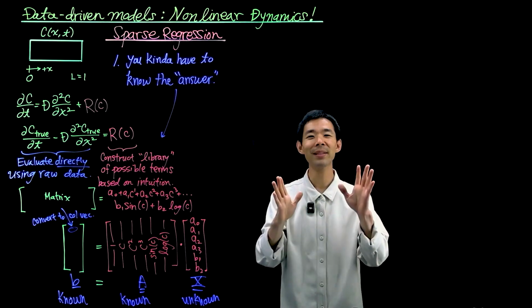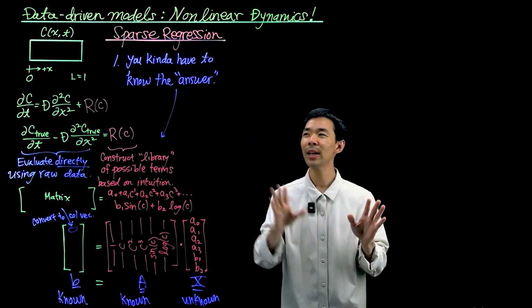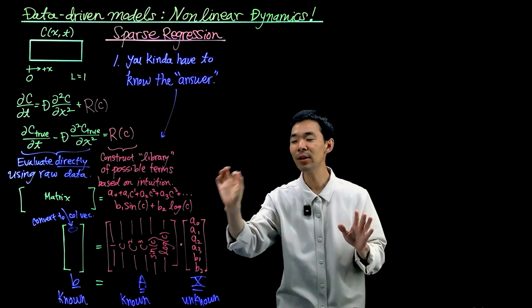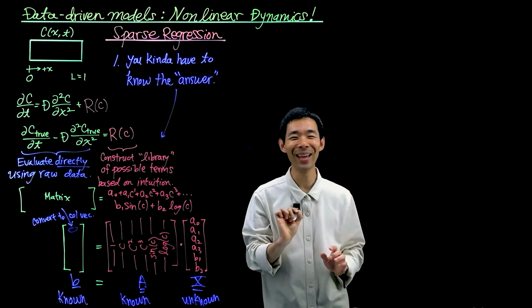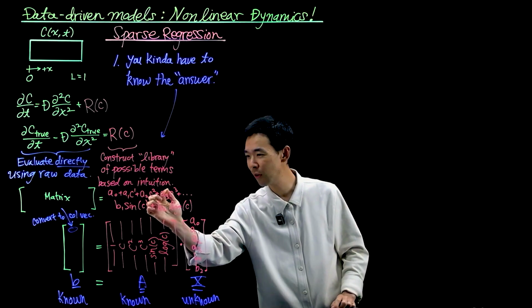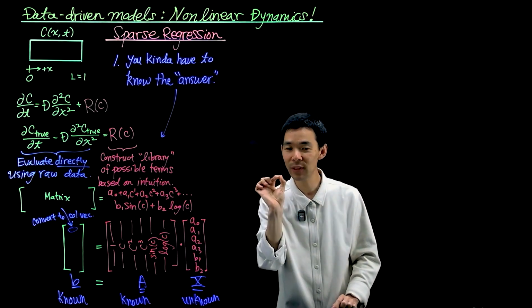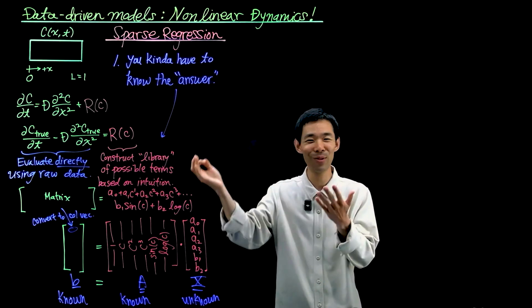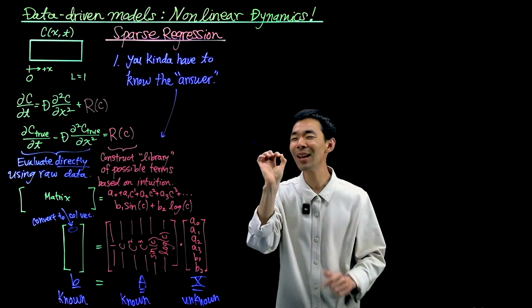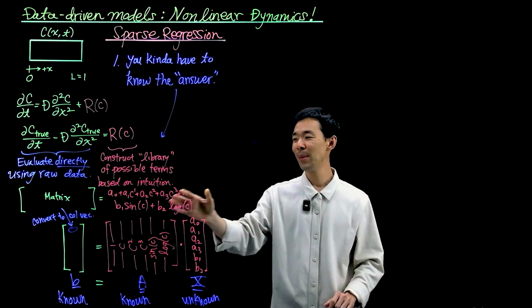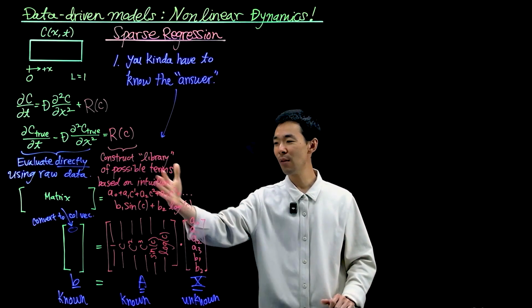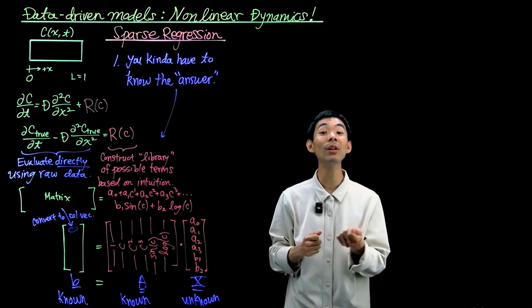That's purely based on your knowledge of the system. You don't need to know the answer exactly. You don't need to know it's going to have a linear term, a cubic term, a sine, and then a log term. If you knew the answer, why are we even doing this, right? But you have to have a guess of what terms should even be included in the library.